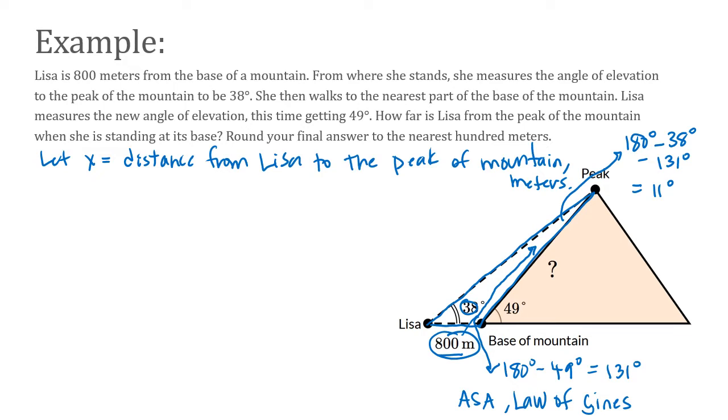It is across from the 800 meters, and we now have an anchor, don't we? So knowing I said I was going to let that question mark be X, if I want to find the measure of X, then I'm going to say X over the sine, what angle's across from X? Looks like 38 degrees. And that's going to be equal to my anchor. My anchor is 800 meters over the sine of 11 degrees.